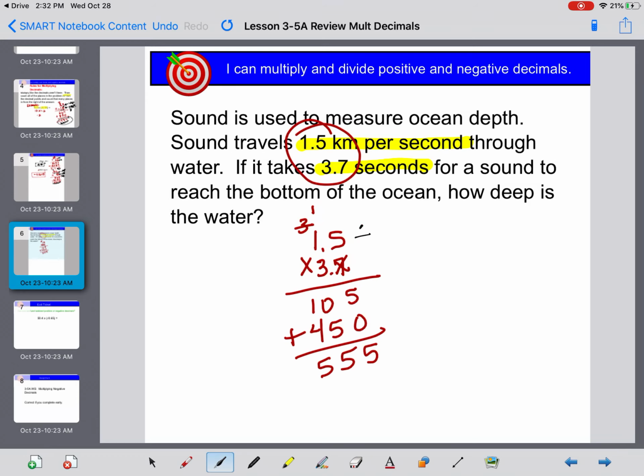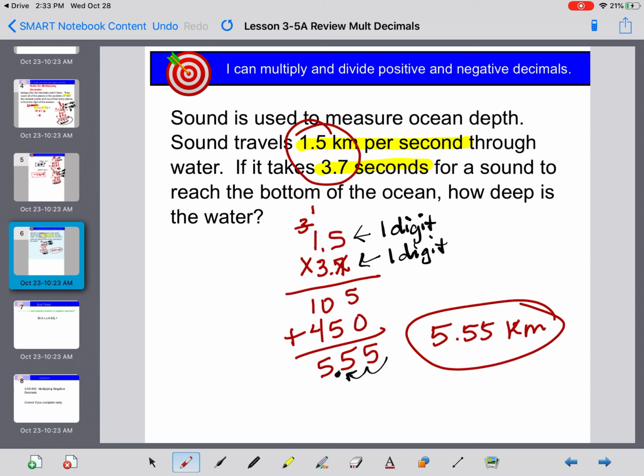Now I need to place my decimal. There is 1 digit here and 1 digit in the second number that follows the decimal point for a total of 2 digits. So my answer is, how deep? 5.55 kilometers deep.